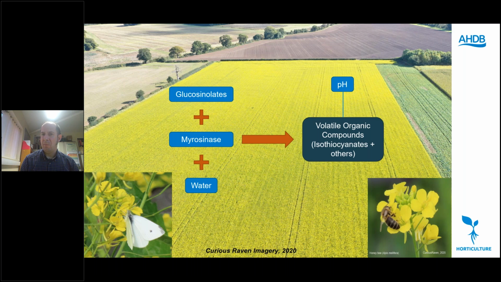If we have an acidic soil, 5 or below, then we tend to get the production of other volatile compounds, namely nitriles. Whilst these are still biocidal, i.e. they would have an effect on your pests and pathogens, they don't persist as long, so their effect is not as great as isothiocyanates. I should also mention at this point that it's not ideal to have a soil that has high organic matter, because a lot of these volatile organic compounds can be absorbed into that organic matter.